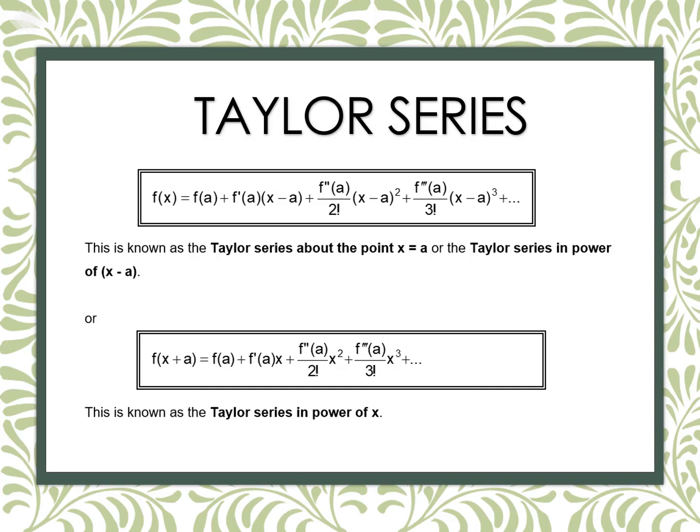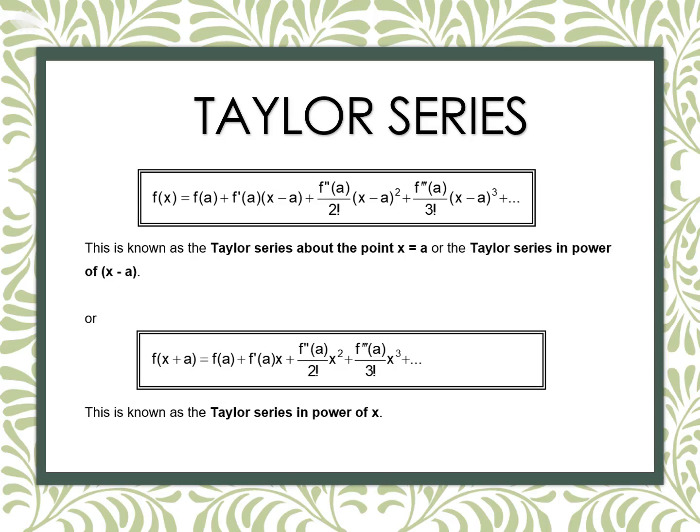The second formula is known as Taylor series in power of x, in which the function of f(x plus a) is represented as f(a) plus f prime a multiplied with x plus f double prime a over 2 factorial multiplied with x squared plus f triple prime a over 3 factorial multiplied with x to the power of 3 plus so on.